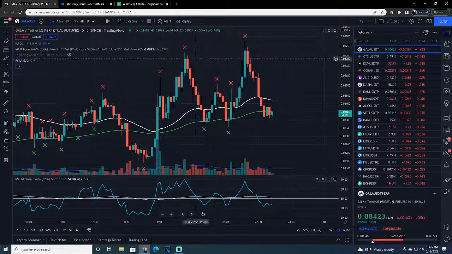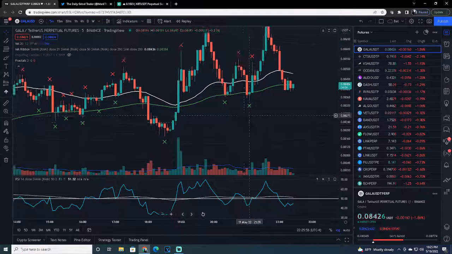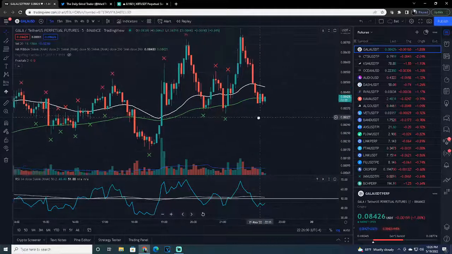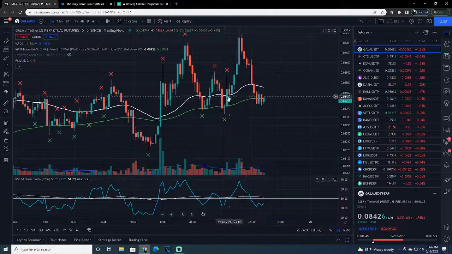Gala also very similar, just about a double top, but kind of a deep valley here. There might not be a whole lot of reward to be had for this one.